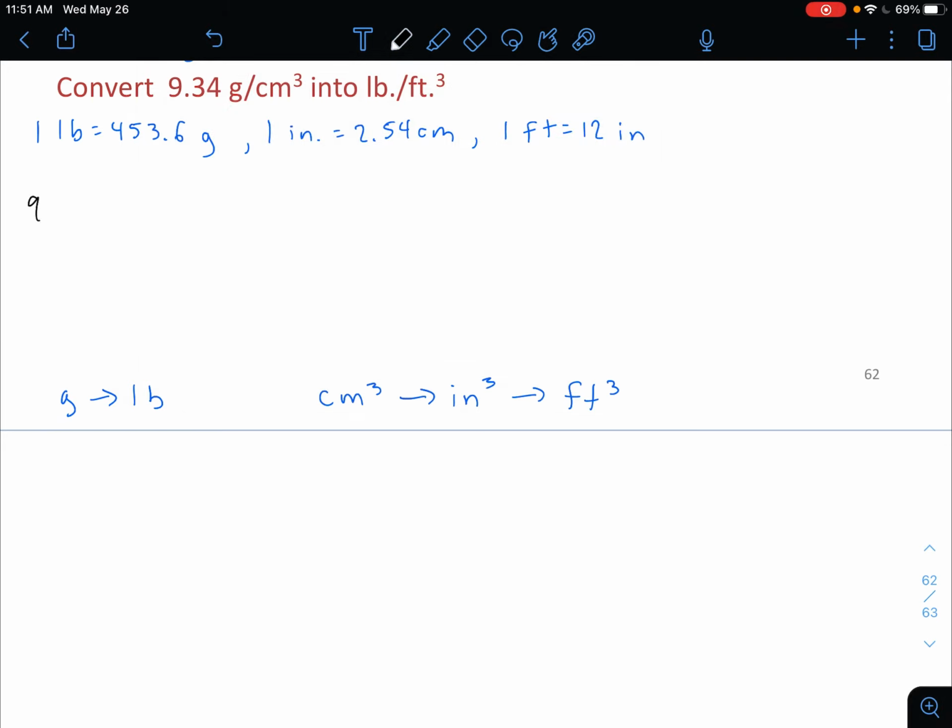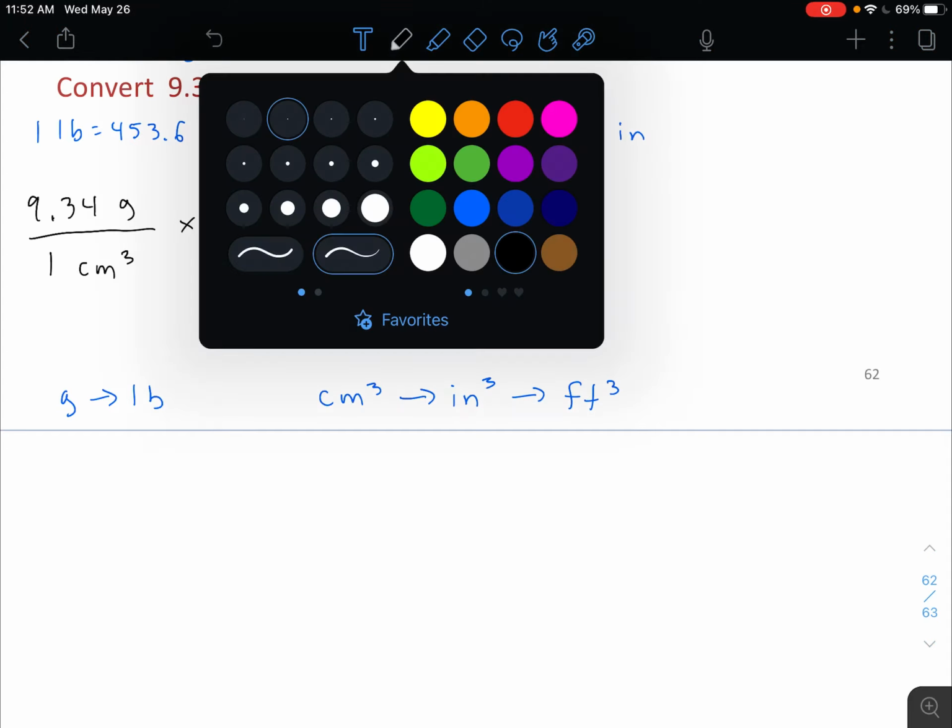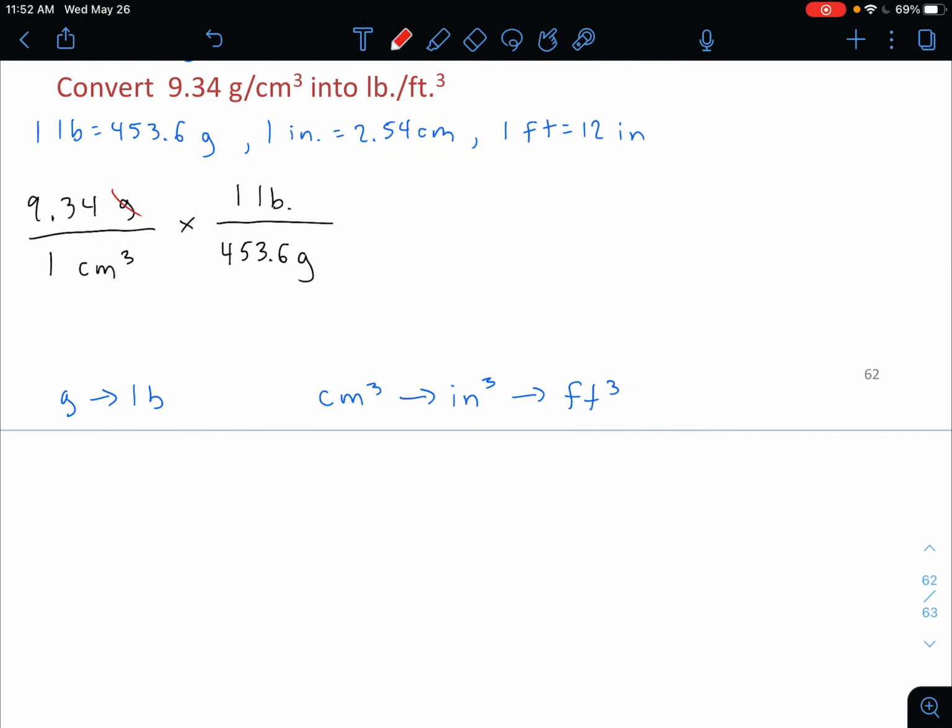Okay, so let's see how this goes. 9.34 grams per 1 centimeter cubed. And we want to get out of grams and into pounds, so it'll be 1 pound over 453.6 grams. Grams cancel grams, so we're in pounds like we want to be.